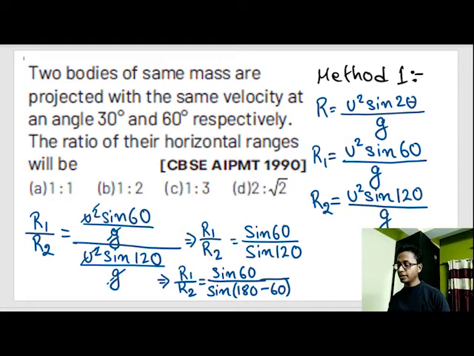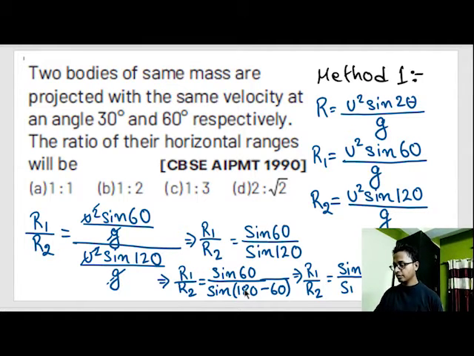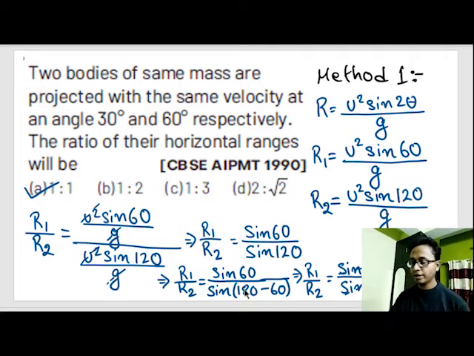I taught you all in trigonometric functions: whenever the angle is 180 minus theta, sine stays as sine. So R1 by R2 is sine 60 by sine 60, which becomes 1 by 1, or R1 is to R2 equals 1.